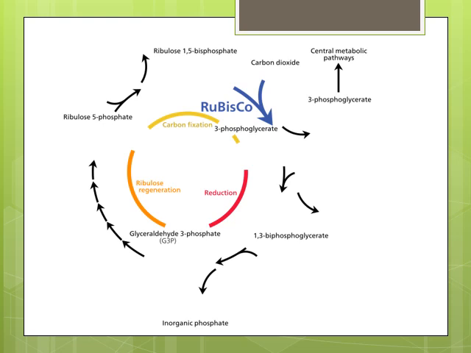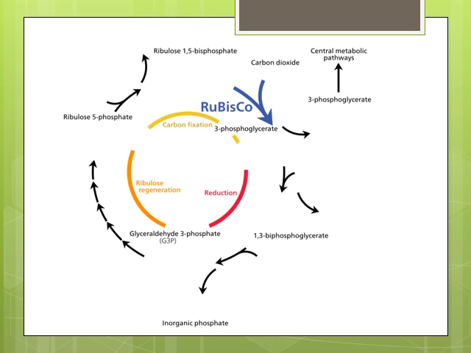Carbon fixation. You're taking carbon dioxide out of the atmosphere and attaching it to RUBP. Step two, you're taking that combined product and breaking it, and that produces glucose. But you have now broken the RUBP. So step three is rebuild the RUBP so you can go back into the first phase.